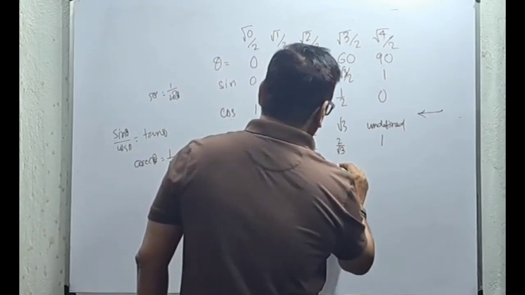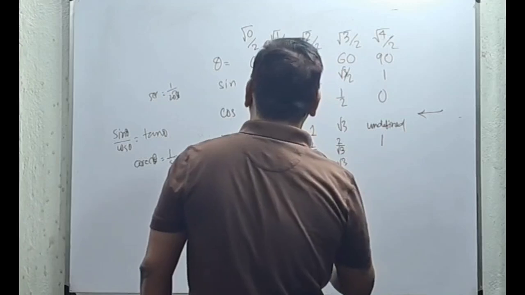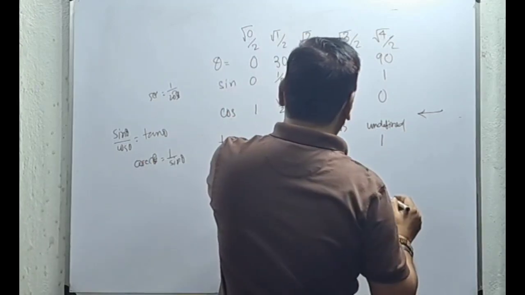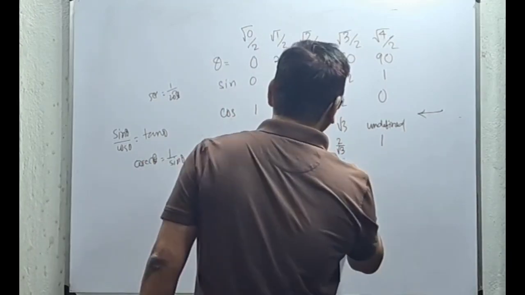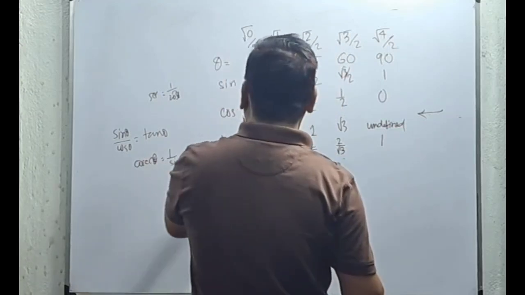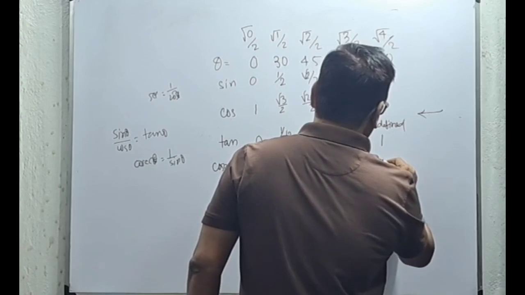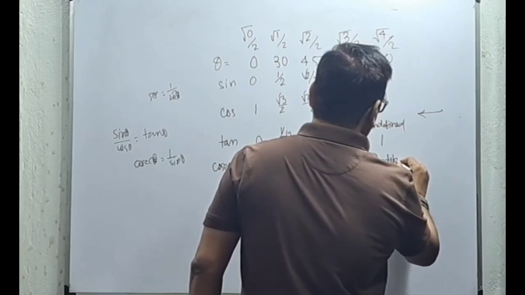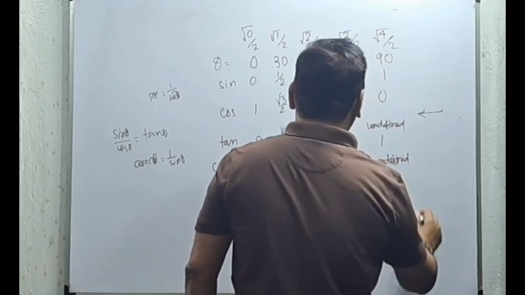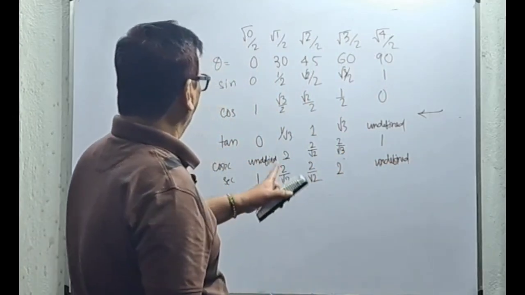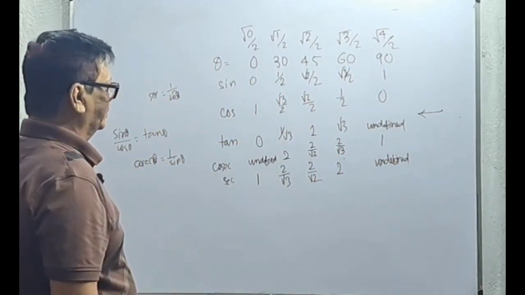This will be 2, and this will be 1 by cos 90. This will be undefined. Correct? Because division by 0 is not allowed. For sec, 1 by cos, cos 90 is 0.